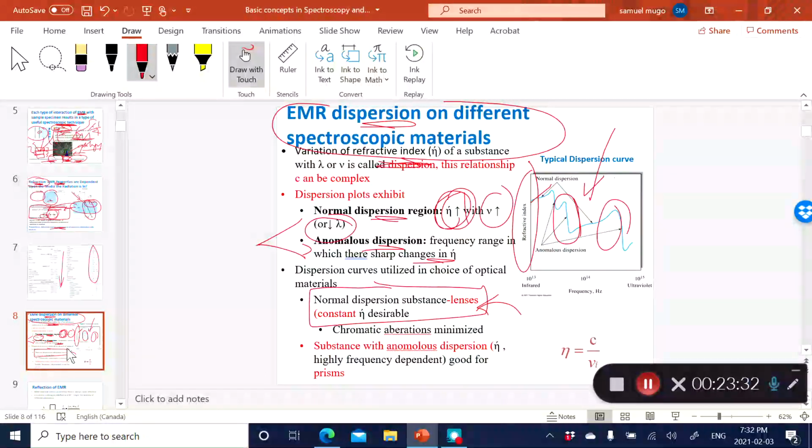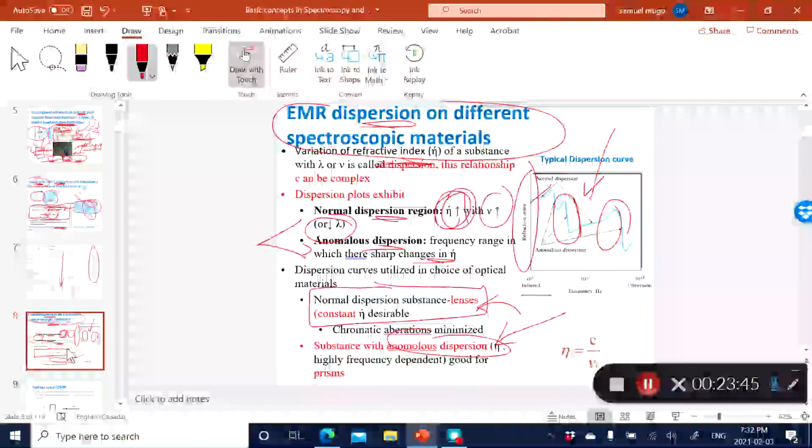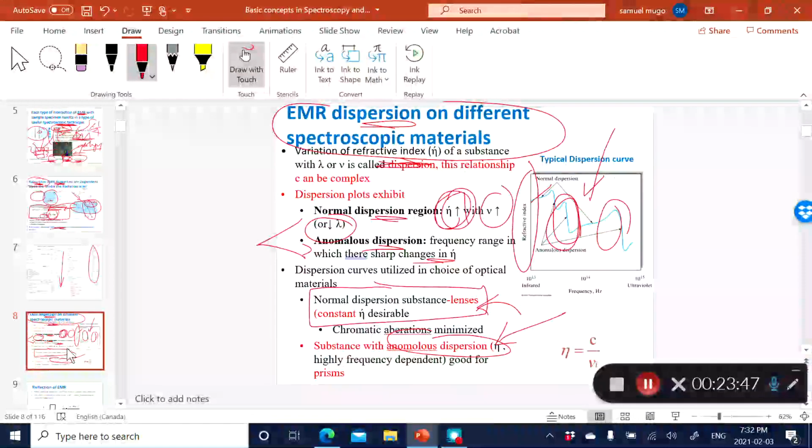Now, on the other hand, anomalous dispersion materials tend to be very good components to use as dispersive elements in monochromators, because again, you want that radical change in the frequency, so that you can actually split white light into its component wavelengths. So please take note of that.